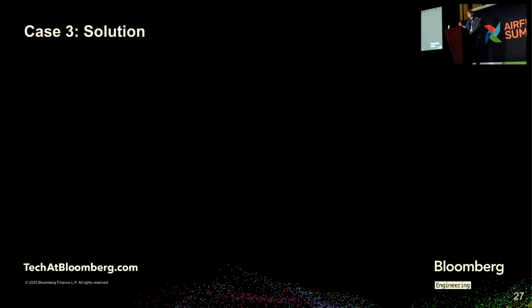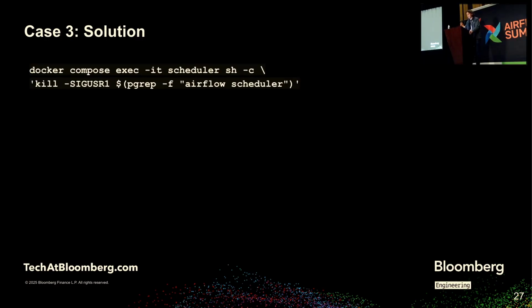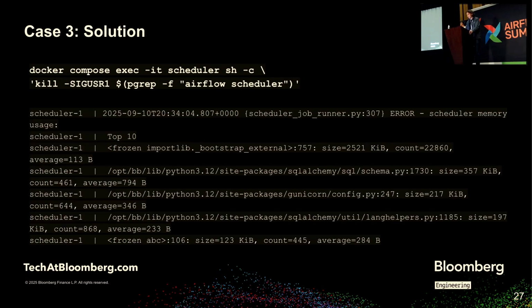So once we identified Leaky plugin to be the issue, we removed it temporarily and looked at the trace malloc report after and saw that the Leaky plugin was no longer showing up as the top memory user of the scheduler process.